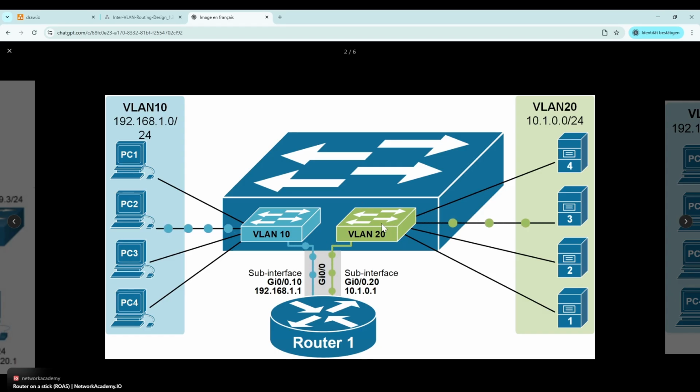That means for PC2 to communicate with this server 3 on the right side, for the blue area to communicate with the red area, VLAN 20, is communication between VLAN 10 and VLAN 20. If I send my communication as PC2 to VLAN 10, and I don't have this blue cable going to router 1, how can I access VLAN 20 on the same switch?